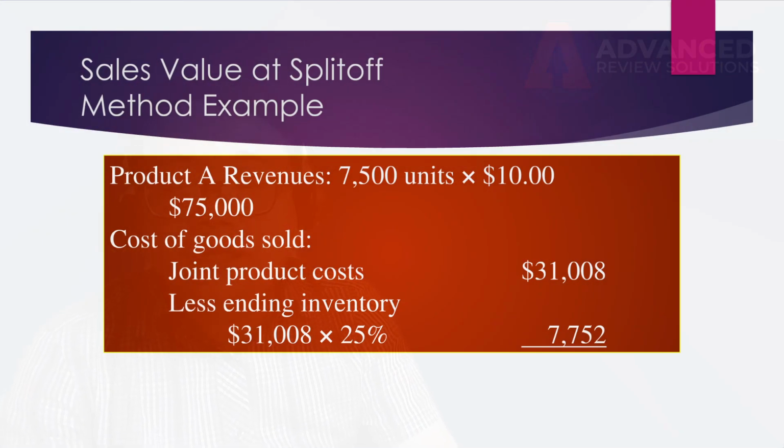We go first with product A. So in terms of product A, since you have 75 times 10, you have 75,000. Okay? Then you have your joint product cost of, di ba, given 31,008. So magkano yung ending mo? 31,008 to be multiplied by 25%. Ibig sabihin, you have 7,752 as your ending inventory.